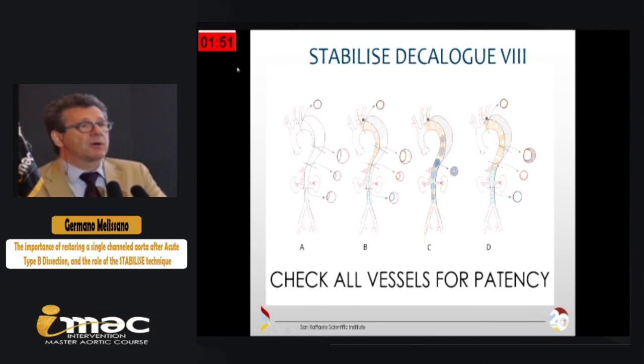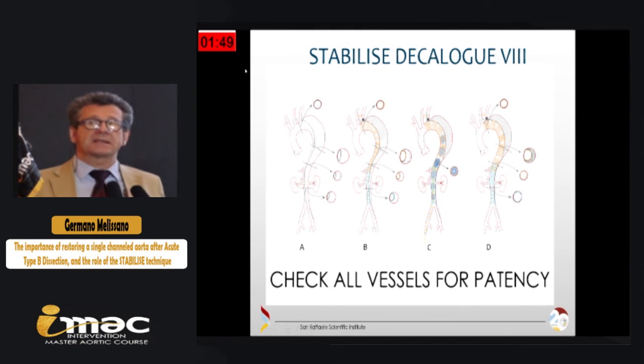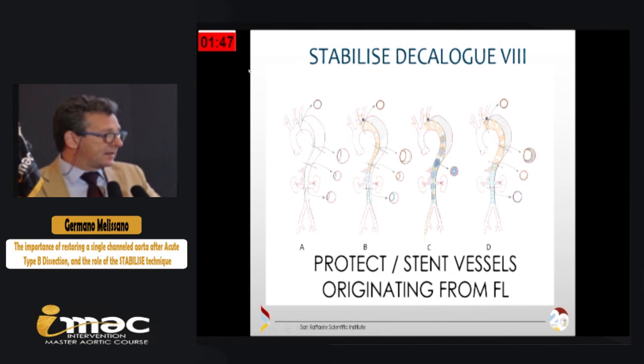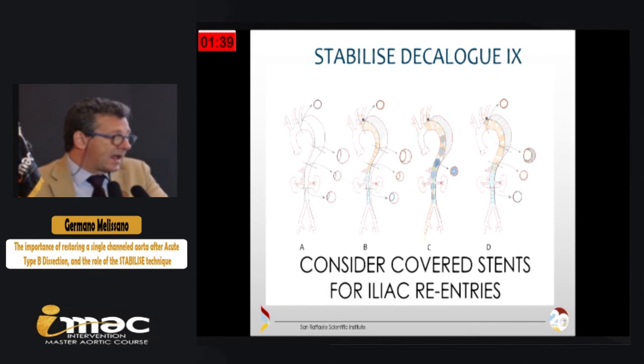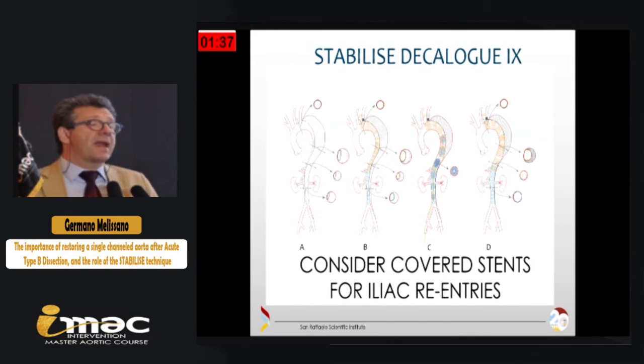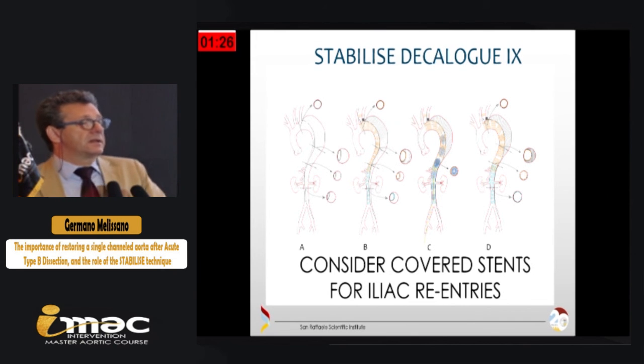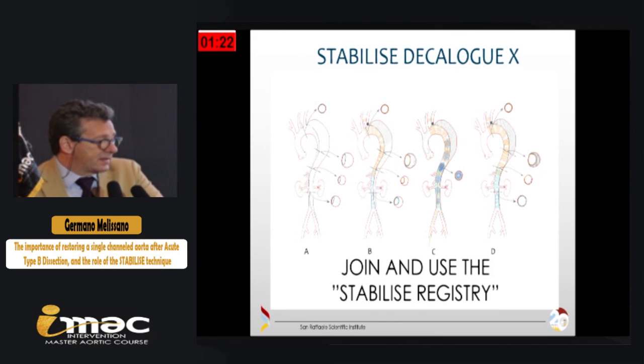If there is some doubt, you can always chase them and stent them. If you have vessels that come from the false lumen, you want to protect them with a sheath before the ballooning. And many times re-entry will be in the iliacs, so you might want to consider also stenting the iliacs in order to completely remodel also the distal portion of the vessels.